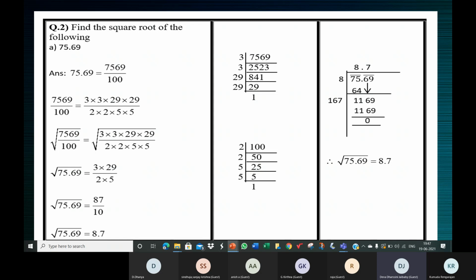Okay, ma'am, using the prime factorization method and the long division method.